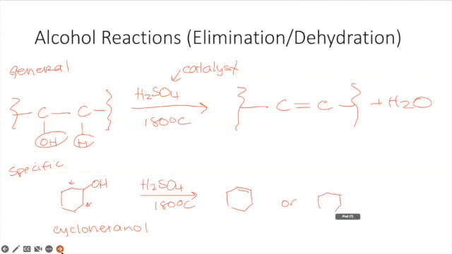And again, the name is actually the same for this one. We'll end up producing cyclohexene. All right.